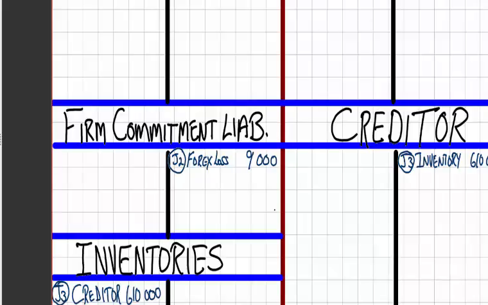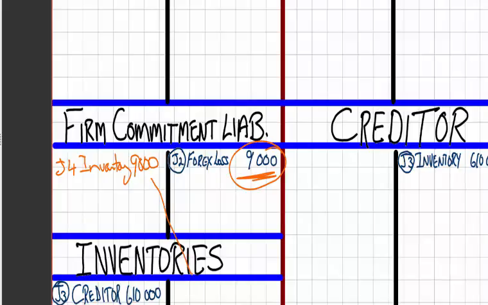So therefore, and this will be journal number 4, you will debit the firm commitment account with 9,000 against inventory. So whatever your balance in this account, you will clear it out against inventories.